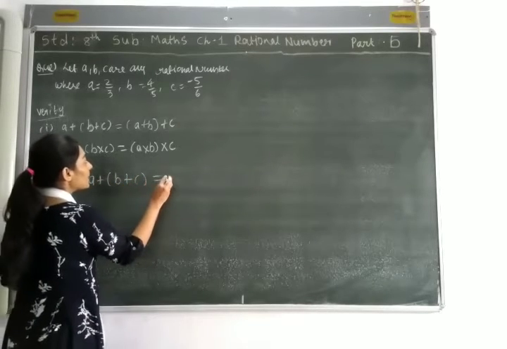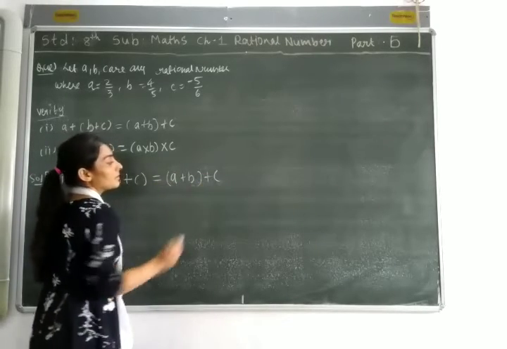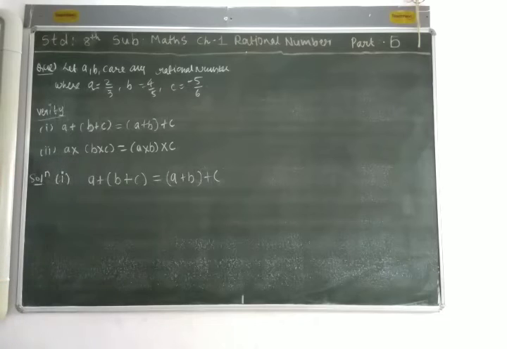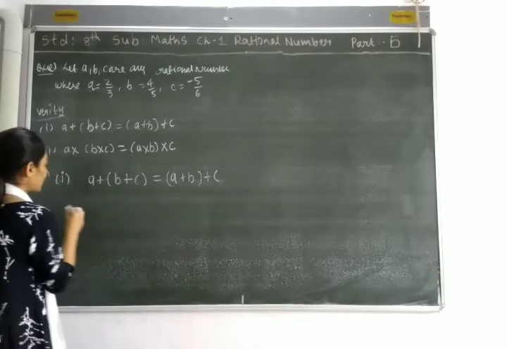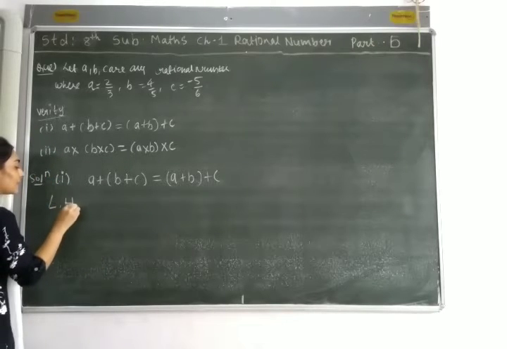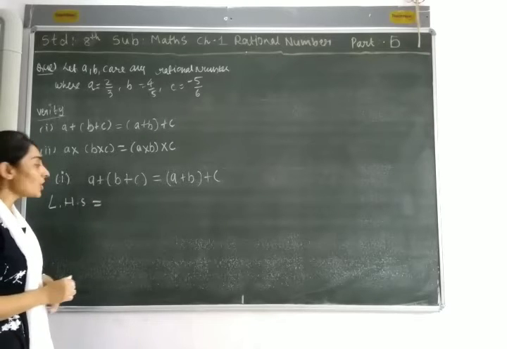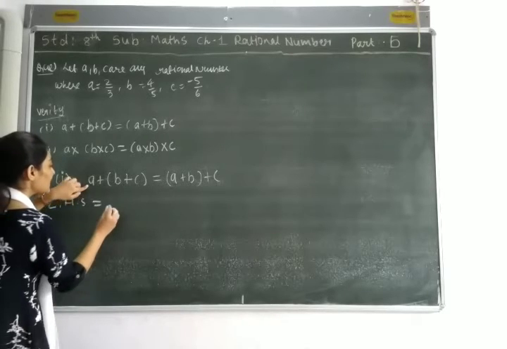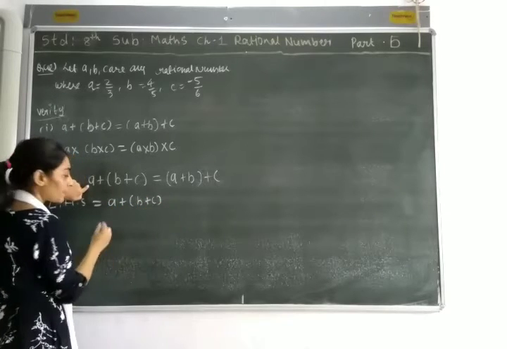The first one is a plus (b plus c) equals (a plus b) plus c. Now put the values. Taking the left hand side, we have to check whether my left hand side is equal to the right hand side or not. So the left hand side is a plus (b plus c).